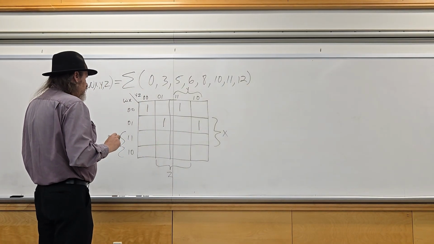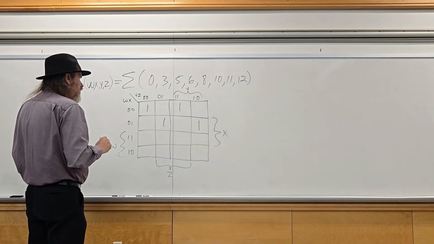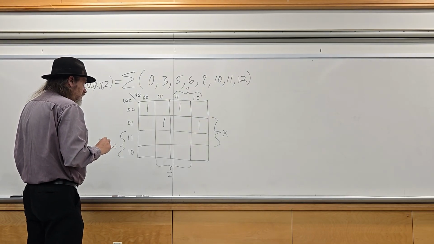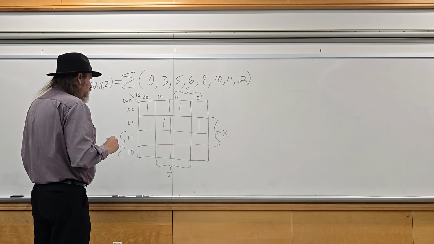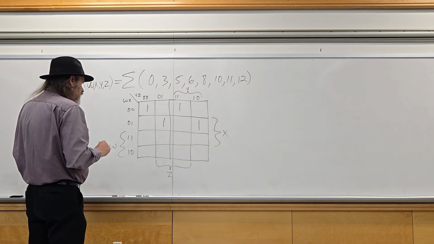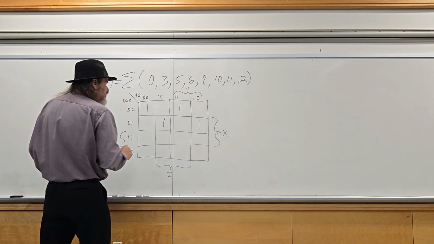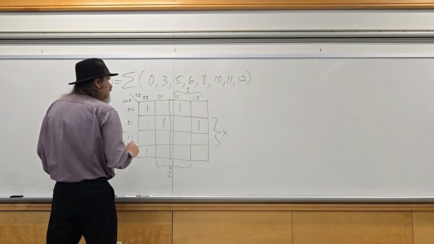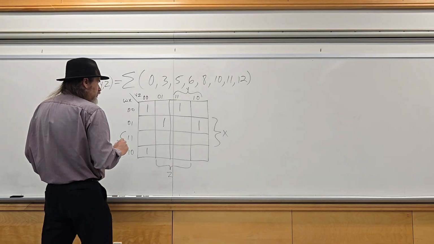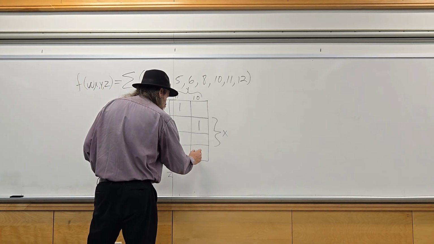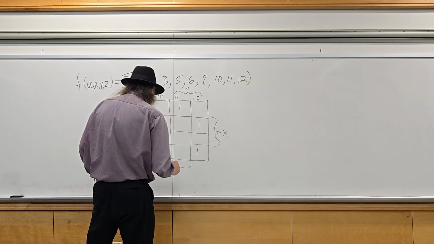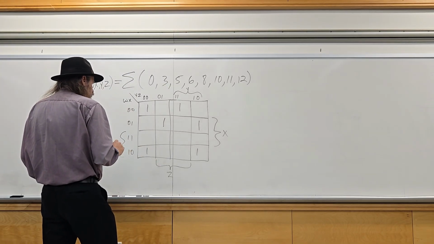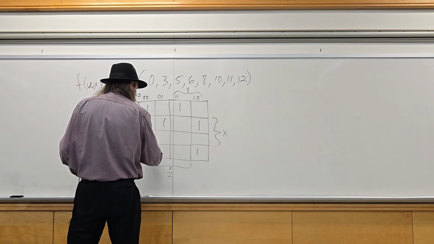This is turning out to be a little bit, okay, 8 is 1, 0, 0, 0. And 10 is 1, 0, 1, 0. And 12 is 1, 1, 0, 0.